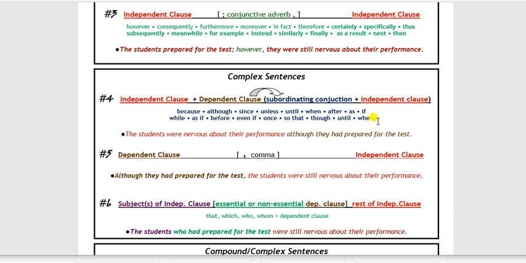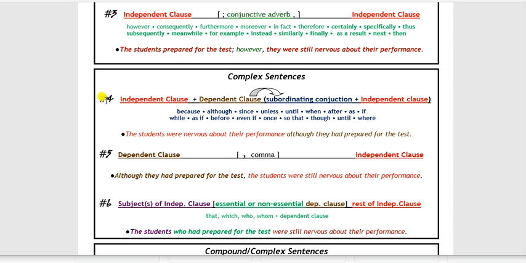I'm pretty sure this is not an exhaustive list, but it's probably the most common ones that you'll see. And when you're building these types of sentences in your essay, definitely use this document as a formula sheet, a cheat sheet. Until you get used to writing like this, you might need to look at something like this, and that's perfectly fine. The students were nervous about their performance, although they had prepared for the test.